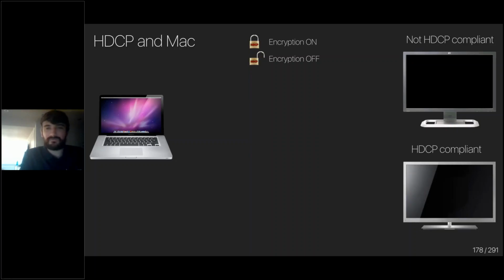But it can also be stuff like video conferencing units. By design, a VC codec isn't going to be HDCP compliant because it would be broadcasting out the incoming input. So if you want to have your Apple device in an environment where you want to be able to share it to an HDCP compliant display, but also, for example, a VC codec in the same system, then you're going to have a problem.